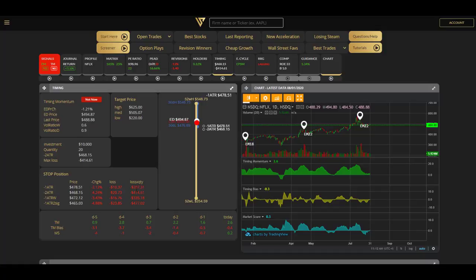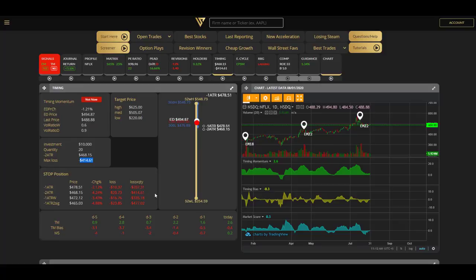So for $10,000 investment, you have 20 stocks. You have a quantity of 20, and then potentially you could lose $414 if it moves the way it moves, like in one average true range or two average true range. So this is really two average true range move.